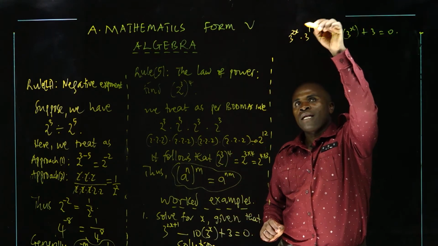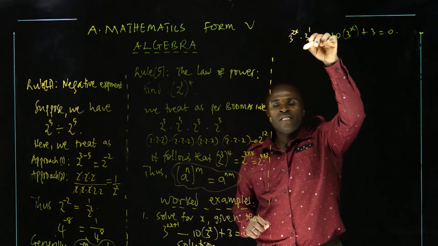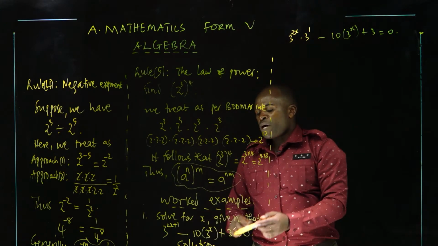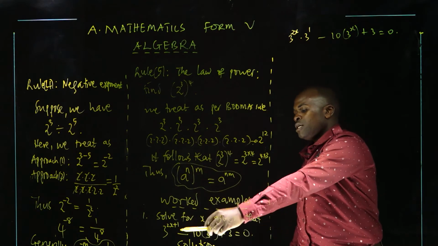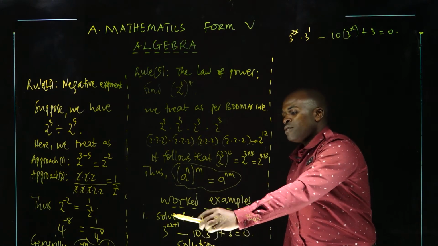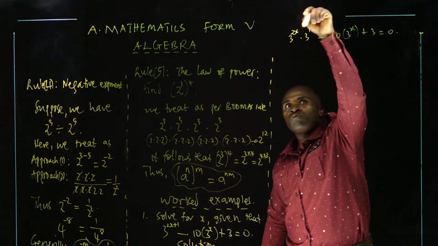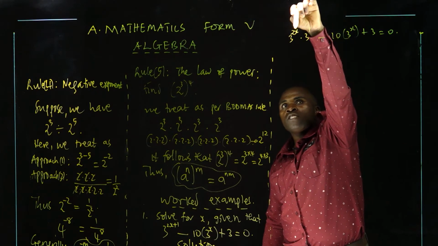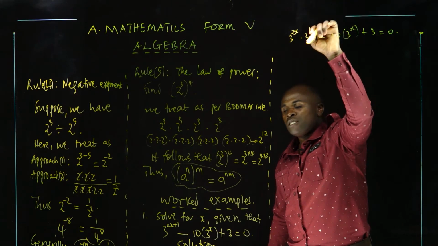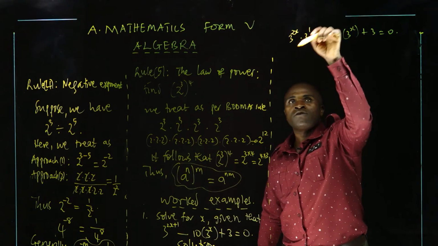Yes, look here, class. We have just separated this part, a part which is taking the single exponent 3 power 2x plus 1. That is why 3 power 2x plus 1 is the same as to take 2x plus 1, so taking the single base. So we have maintained the concept.